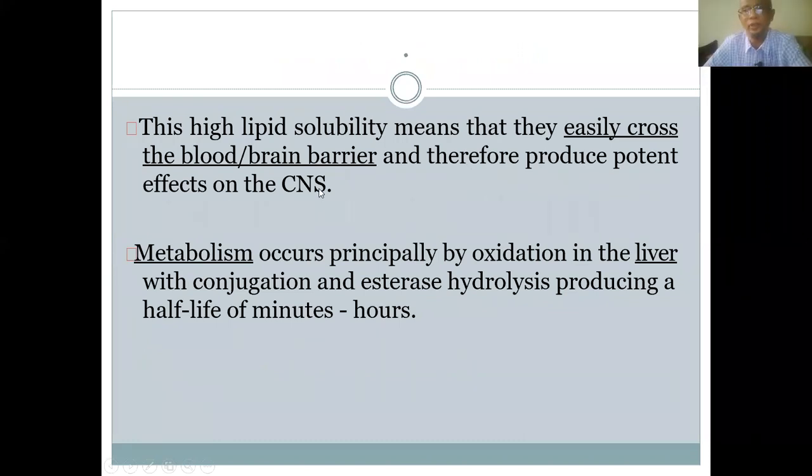This high lipid solubility means that they easily cross the blood-brain barrier and therefore produce potent effects on the central nervous system. Metabolism occurs principally by oxidation in the liver with conjugation and esterase hydrolysis, producing a half-life of minutes to hours.